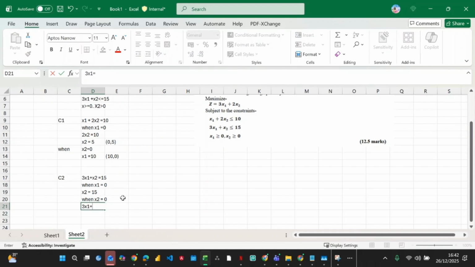So what we'll do now, we have 3x1 plus 2x2 is already what's in the equation. So x2 is 0 already. So there's nothing in 0. So 0 times 1, that is 0. So this is going to be 0.